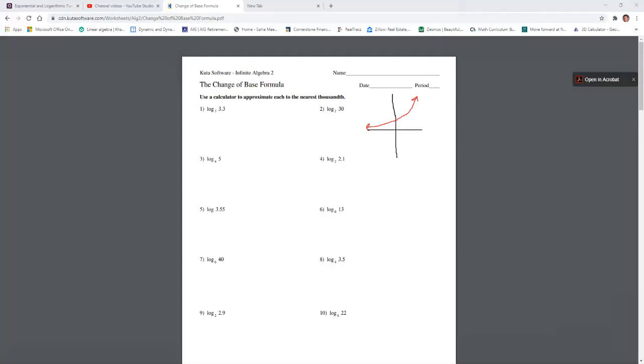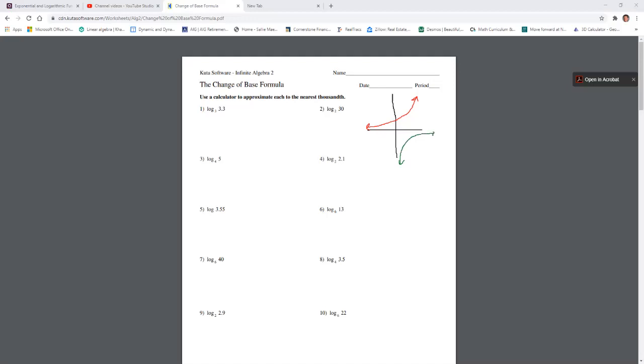function for an exponential function, and the inverse is called the logarithmic function, and it's going to look like this. Okay.